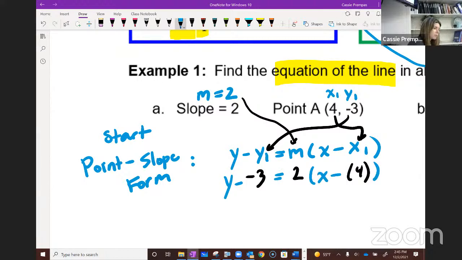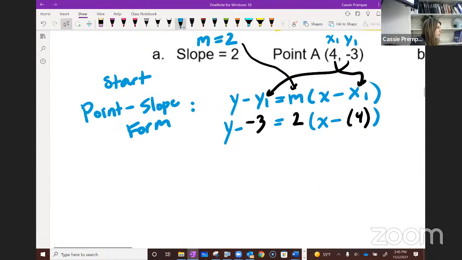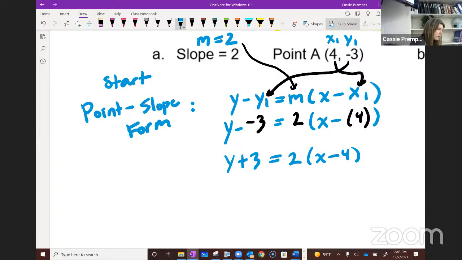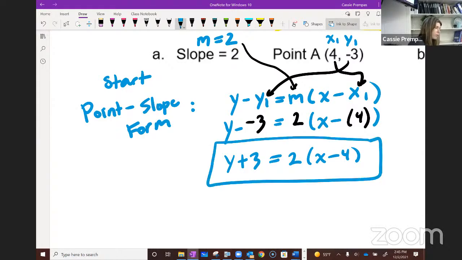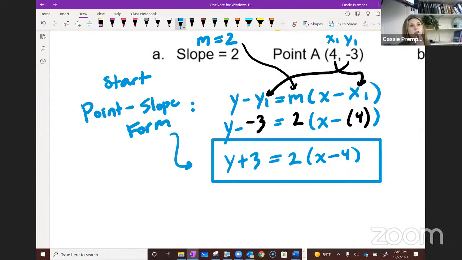And then finally I simplify. What happens when you minus a negative? Add it. Good. So we have y plus 3 equals 2 times quantity x minus 4. That's one of the forms. So I can go ahead and box it and say I now have point slope form. That's one. I have to do 2 more.